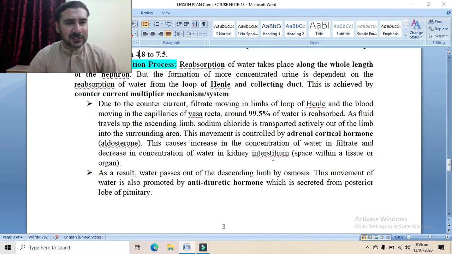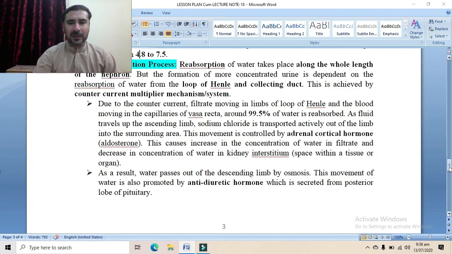So as a result, the solvent concentration, the water concentration, will decrease, while inside the ascending limb, from where the sodium chloride is transported into this space, the solute will become less and the solvent, the water, will become higher.